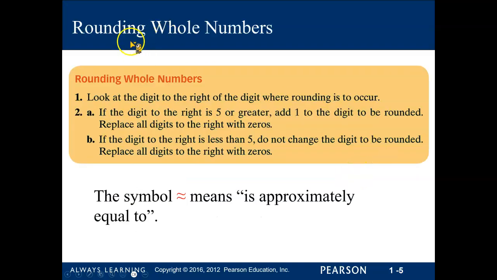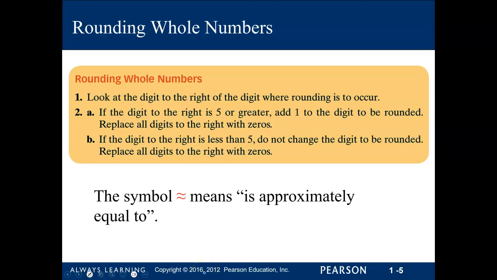So I believe you have done rounding whole numbers in your earlier math classes. When we talk about rounding whole numbers, we pretty much look at the digit to the right of the digit where the rounding is to occur. Now we have two rules to follow when it comes to rounding numbers.